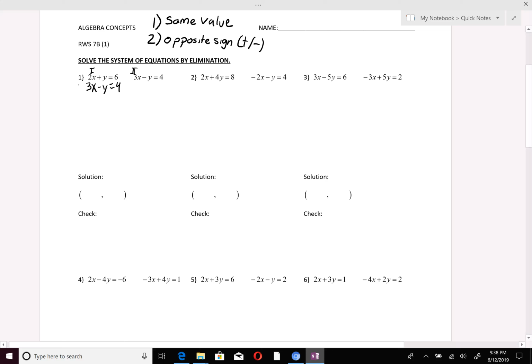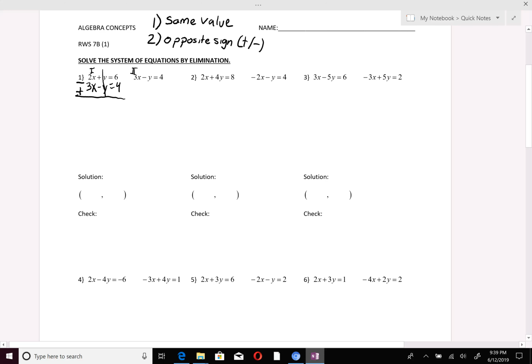And so if we look back at problem number 1, we can see that we have this situation where our y in both equations are opposite and the same value, so they cancel out, leaving us to just basically add the rest.